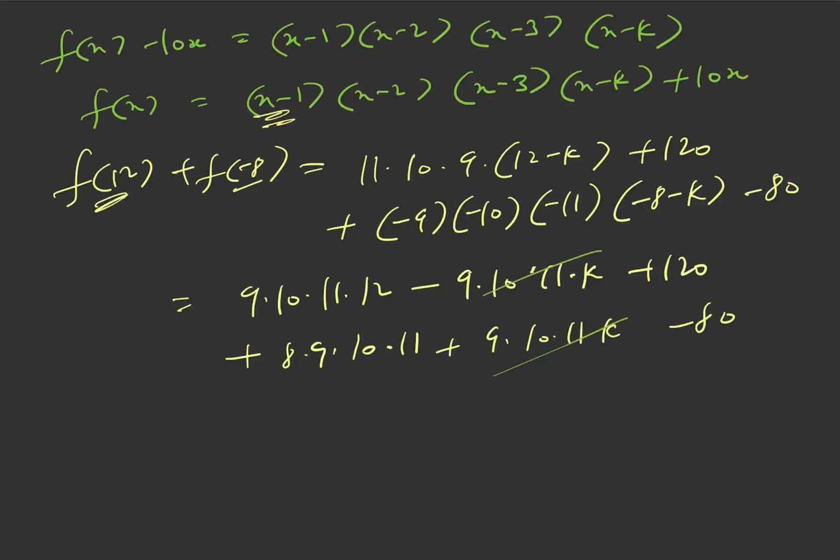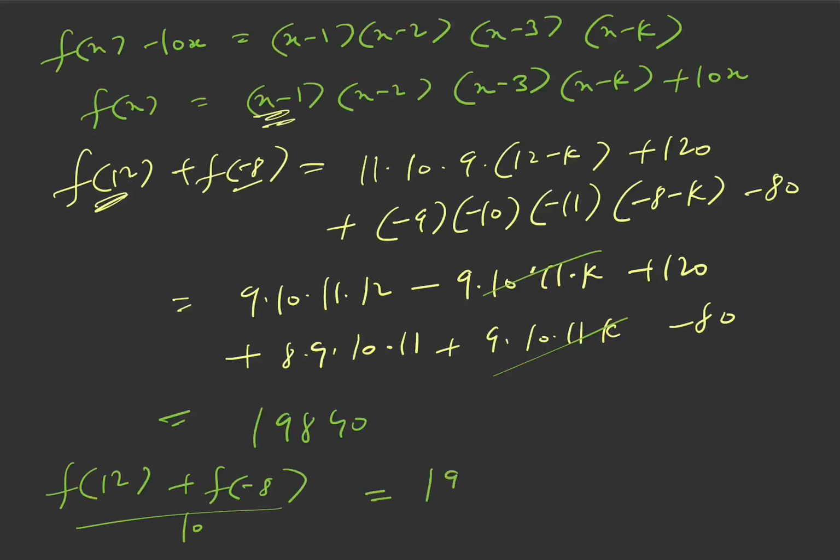Then you can see that these two terms involving k get cancelled, and finally you can compute this. I think you will get 19840, and it is asked to find the value of (f(12) plus f(minus 8)) divided by 10. So the answer would be 1984, right?